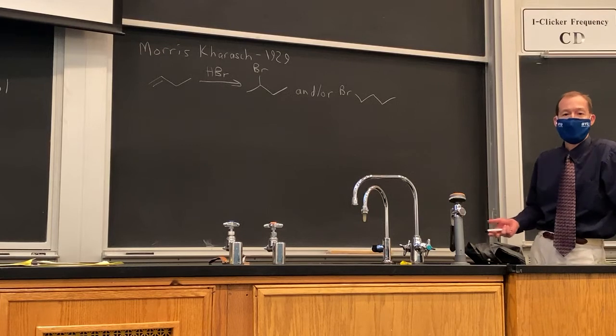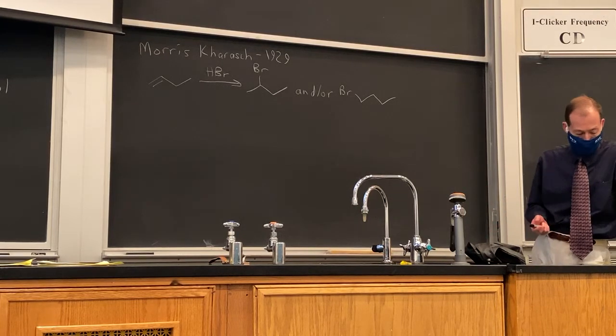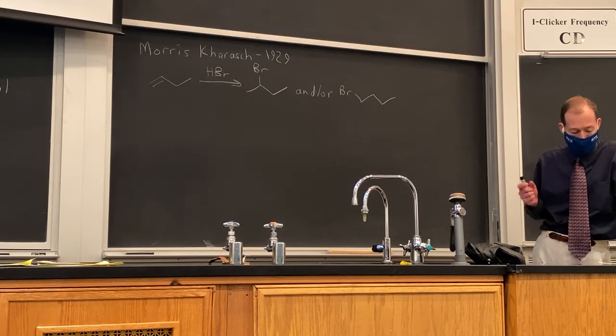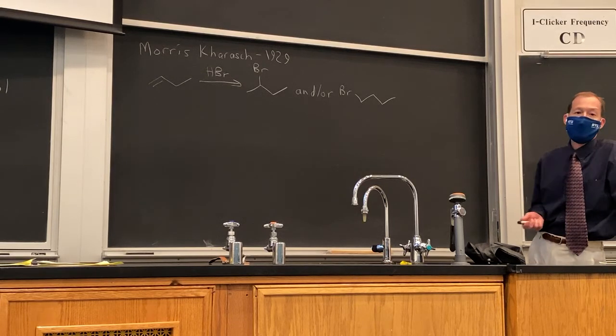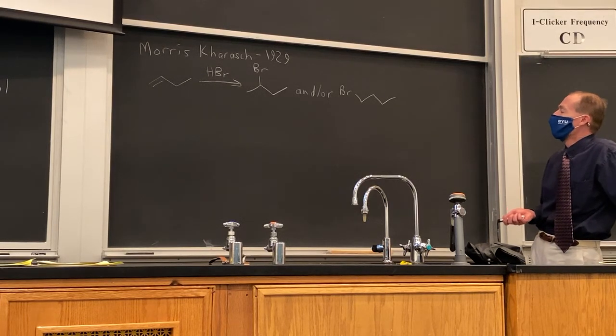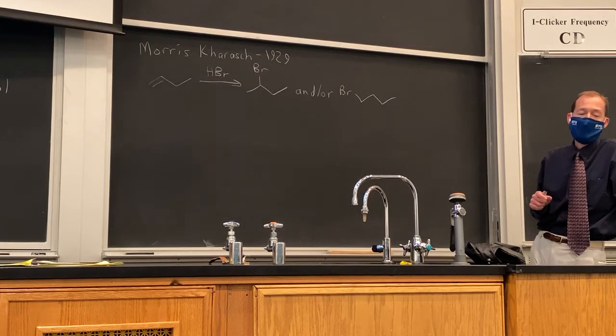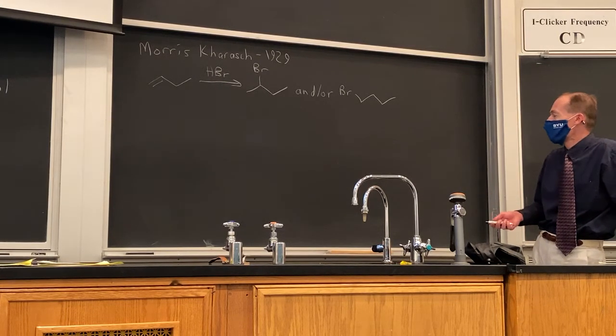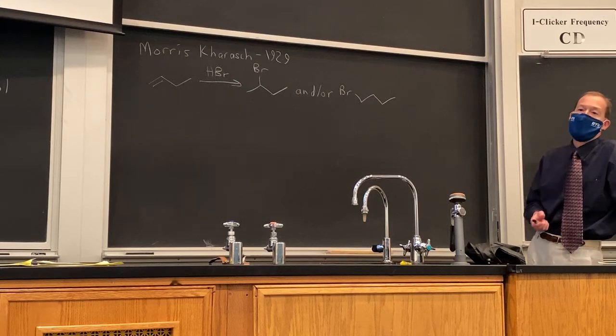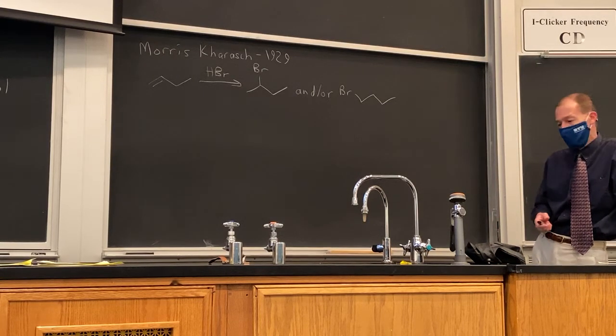So he was trying to figure out what was going on, and he discovered a key bit of information, which is that when he rigorously purified his alkene before the reaction, he always generated 2-bromobutane.